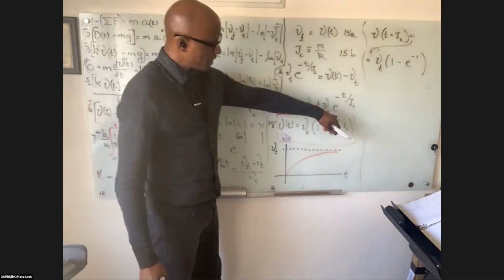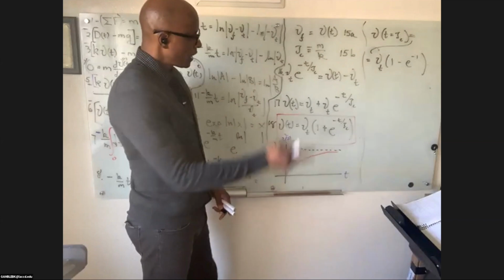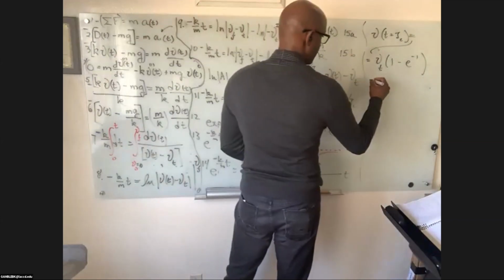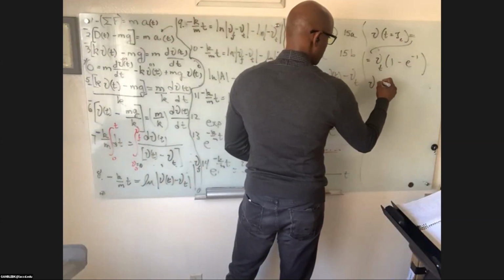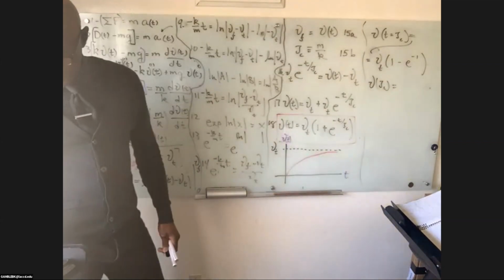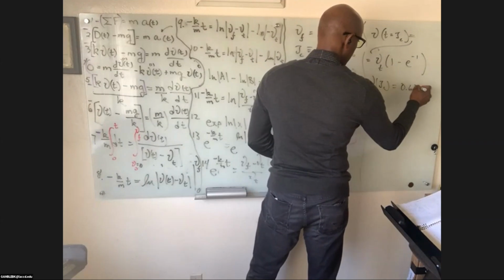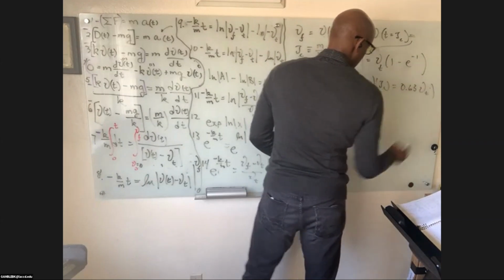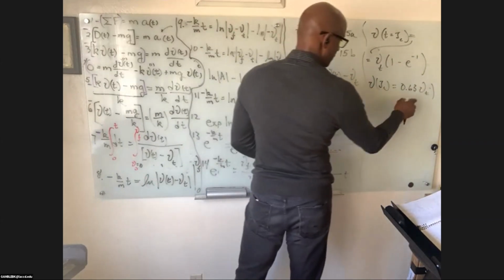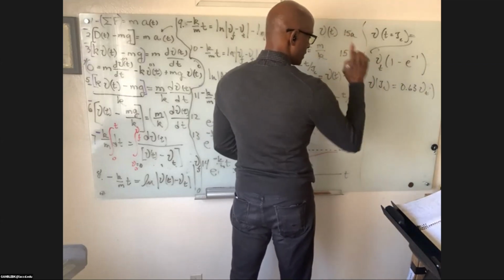When I put tau c in here, I have tau c over tau c, which is minus 1. Turns out that's a specific value. That number equals 0.63 V sub t. So that's telling you that you're at 63% of the terminal speed in one time constant.